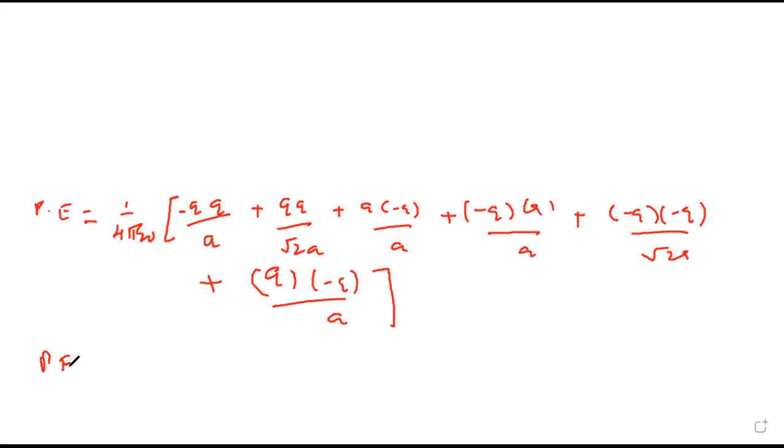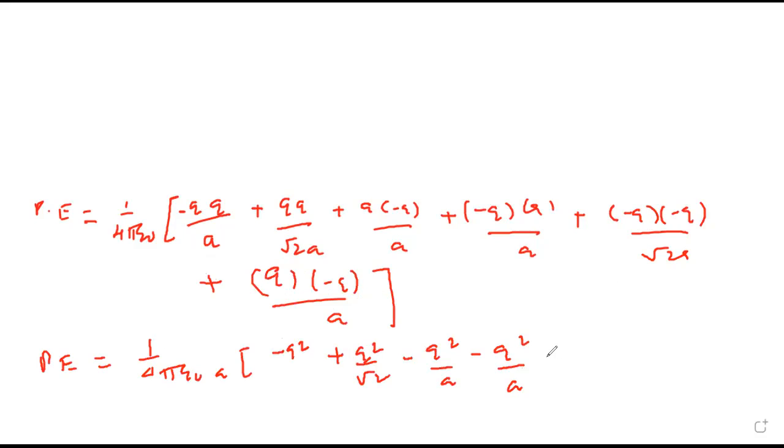So potential energy equals to, A you can bring outside. So 1 upon 4 pi epsilon naught A I can bring outside. Minus Q square plus Q square upon root 2 minus Q square upon A. This is minus Q square upon A minus minus plus Q square upon root 2.